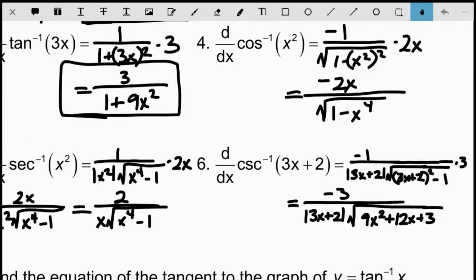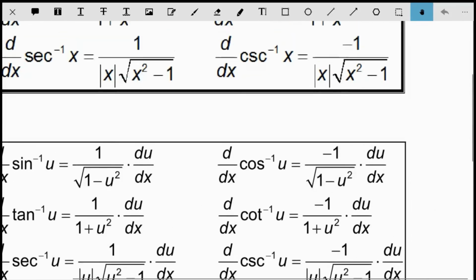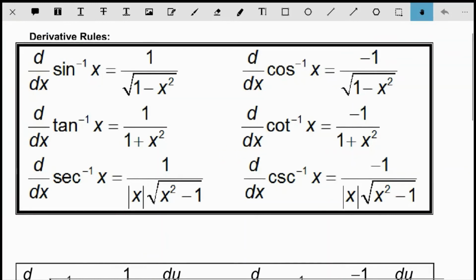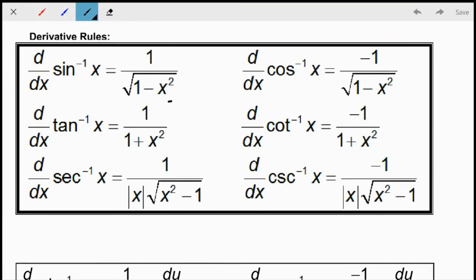Now, when you are trying to remember these derivative rules, notice how we have these expressions, 1 minus x squared here, and we have an x squared minus 1 there. The most common mistake that people make with these derivative rules is they can't remember if the x comes first or last.